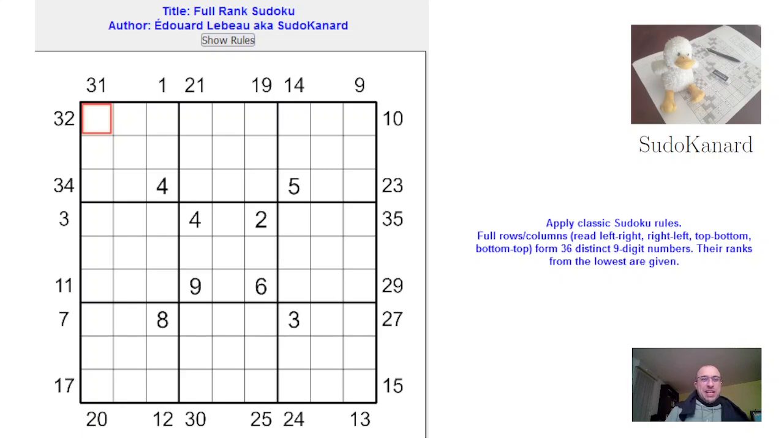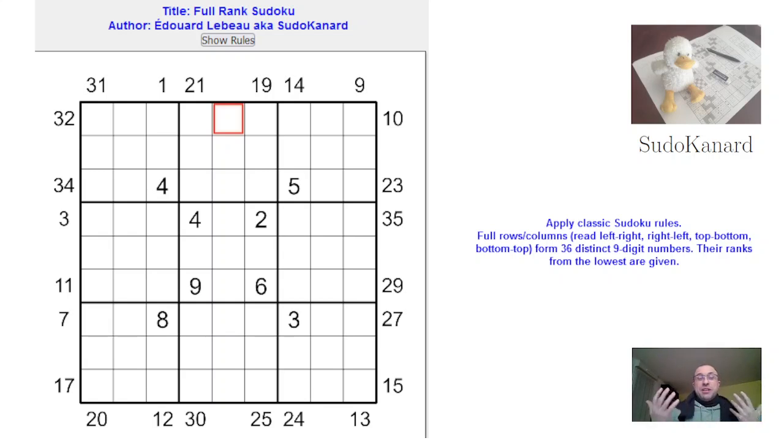Full rank means that, in the grid you have a lot of 9-digit numbers, those that are read from left to right, those that are read from right to left, and then top to bottom, and then bottom to top. So that's a total of 36 numbers.